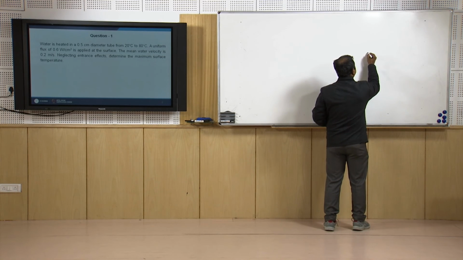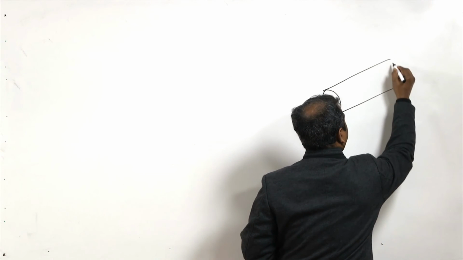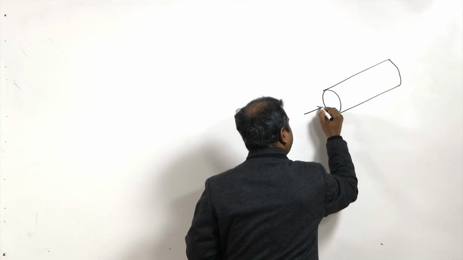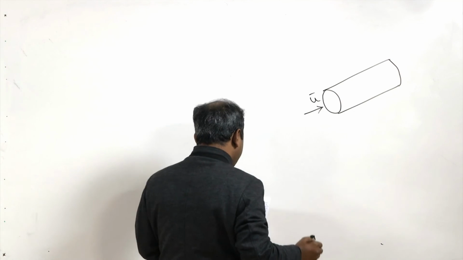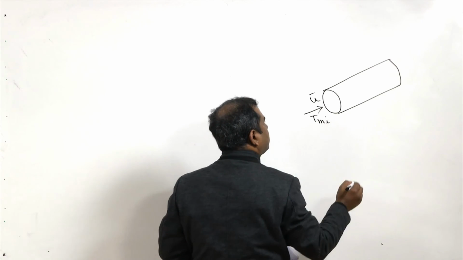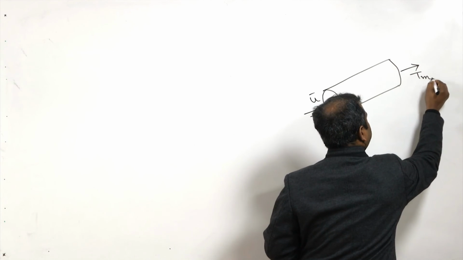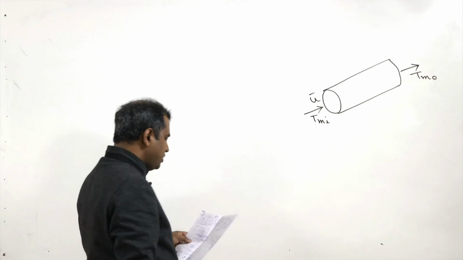Let us say this is the pipeline, and we are having certain inflow having velocity, let us say u bar, and the temperature of the inflow is, let us say, Tmi, and on the other hand side we are having the outflow, this is Tmo. So, inflow temperature and outflow temperature we have shown.